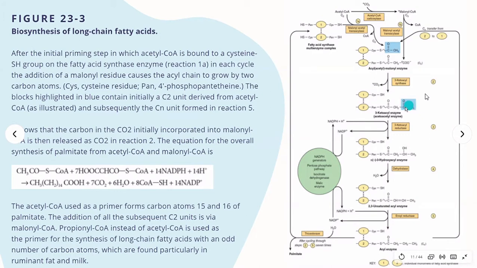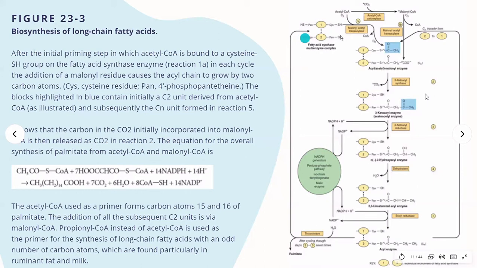And then it is reduced. You form a hydroxyl. And then it is dehydrated. You create a double bond. Then another reduction from NADPH. Then this becomes now 6 carbons. And now this goes back there again.